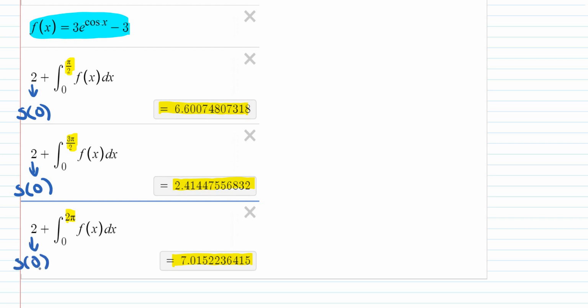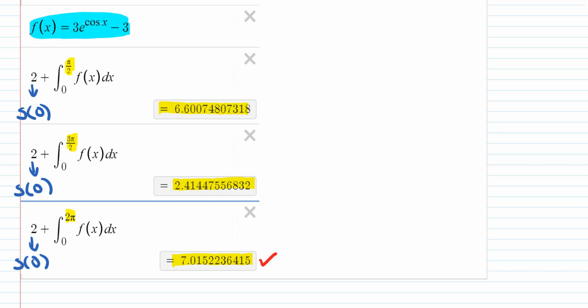Okay, so let's see if we can explain the results here. I can tell you that since the highest value here is 7.015, at a time value of 2 pi the particle is farthest to the right. But let's translate all of this so that it makes sense on a number line.